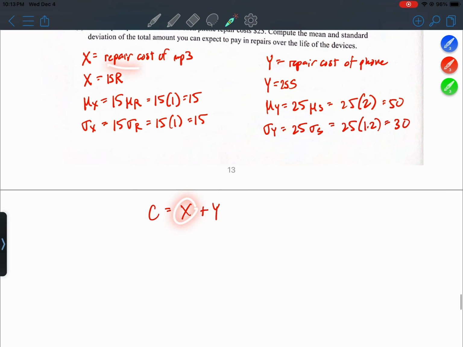It's X, the cost of the MP3 player, plus Y, the cost you pay to repair the phone. So we're just adding two variables together again. So the mean is just going to be the sum of the individual means. So that's 15 plus 50. So 75.